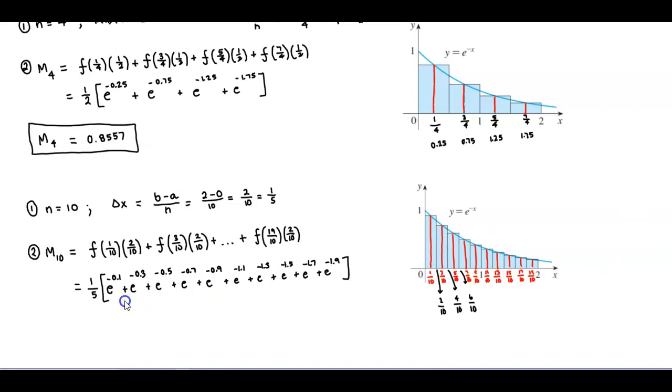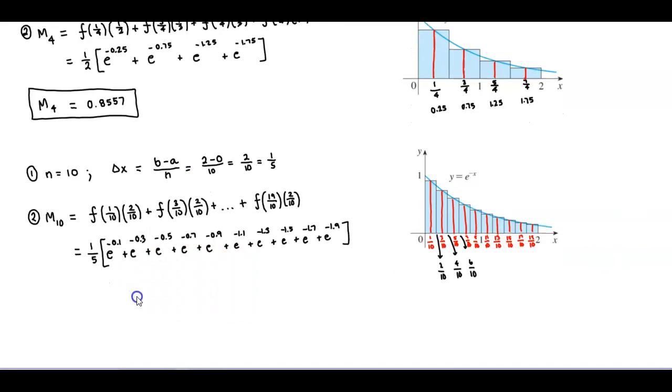Okay, and so when we multiply that all out, we get that the area for the midpoint of 10 rectangles is 0.8632.